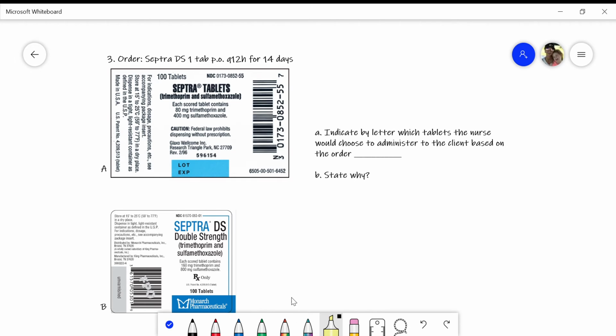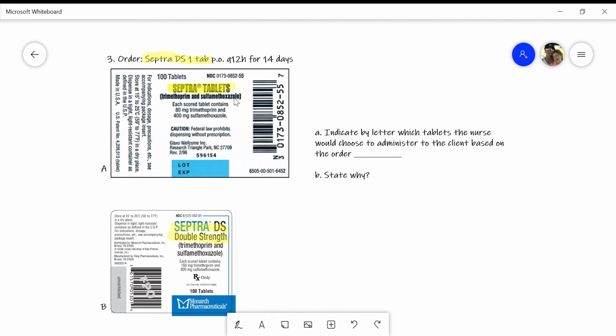And for number 3, our order is Septra DS 1 tab. So this one is Septra, and this one's Septra DS, double strength. It's asking to indicate by which letter which tablet the nurse would choose to administer based on the order.